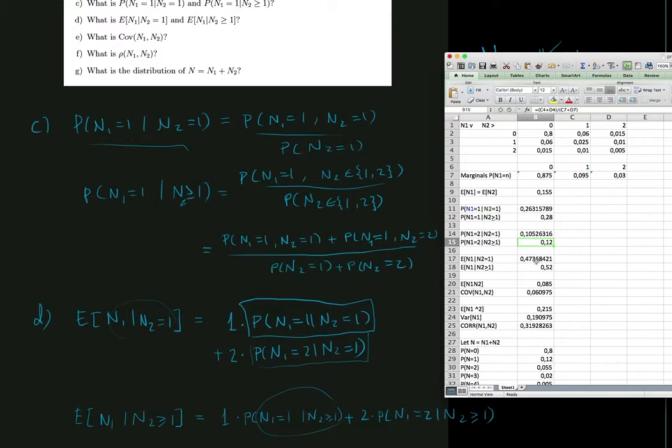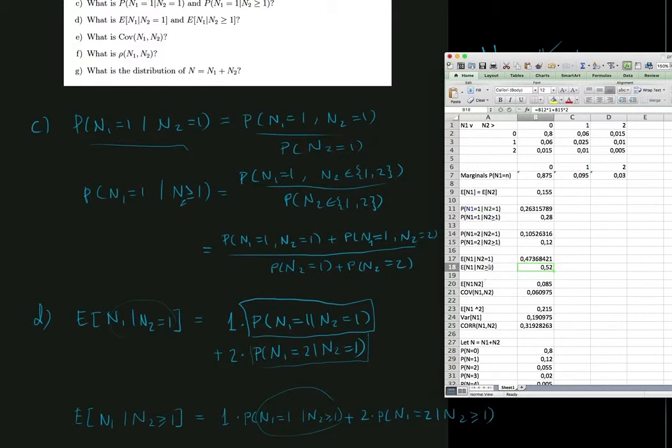So all in all, if I need to find the mean of N1 given that N2 is equal to 1, then I take the conditional probability of N1 being equal to 1 and multiply by 1, and the conditional probability of N1 being equal to 2 and multiply by 2. That gives me 0.47.